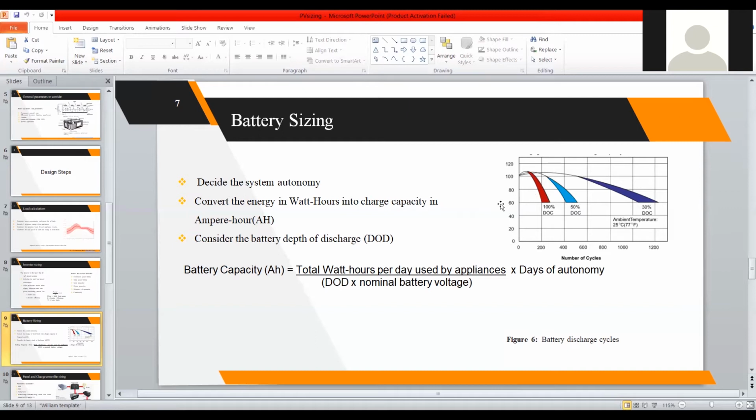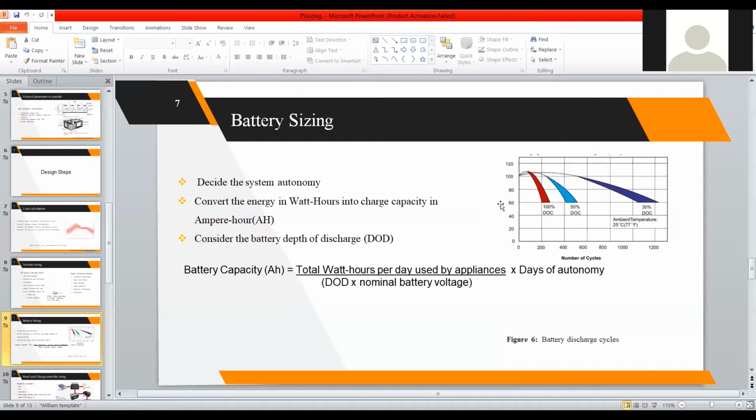That means you have a battery which you can fully discharge and charge again. But most of the batteries have a lower depth of discharge. And in that case, if you are discharging the batteries as deep as you can, the number of cycles actually reduces. It means the lifespan of the battery reduces.